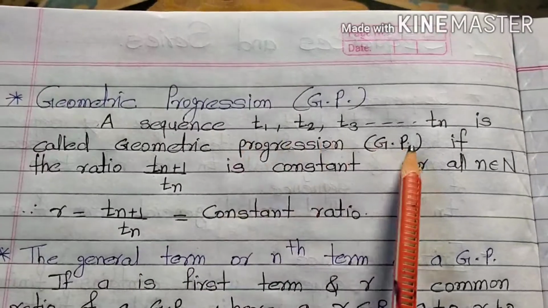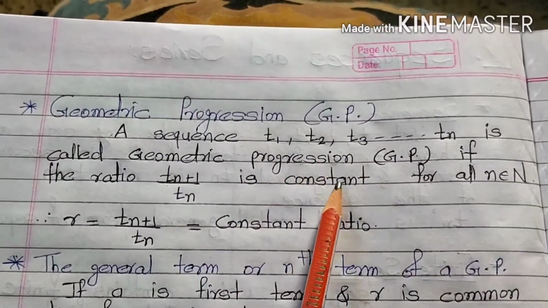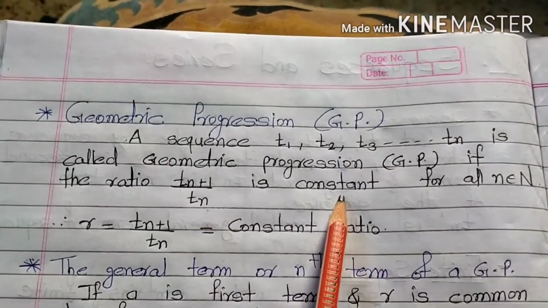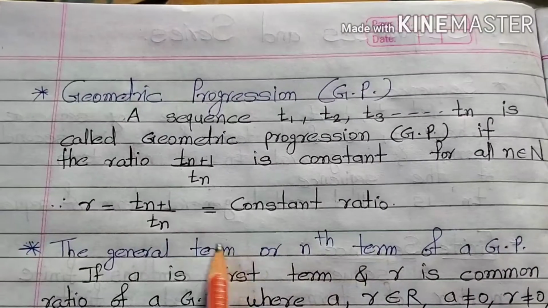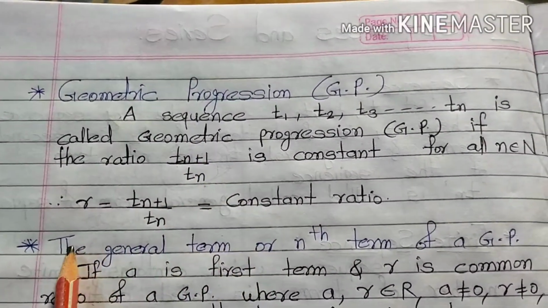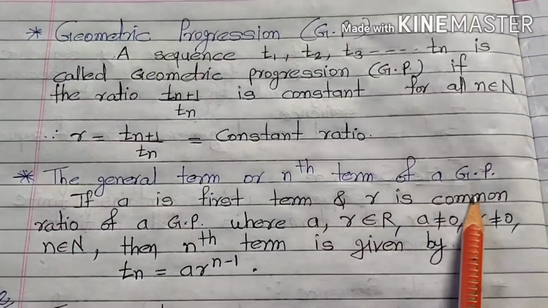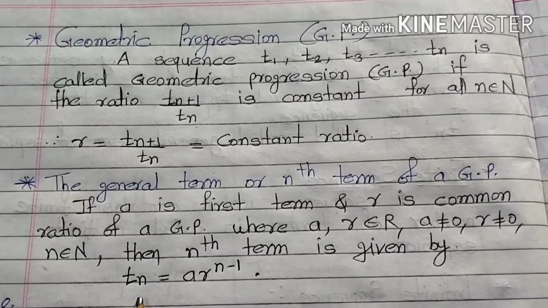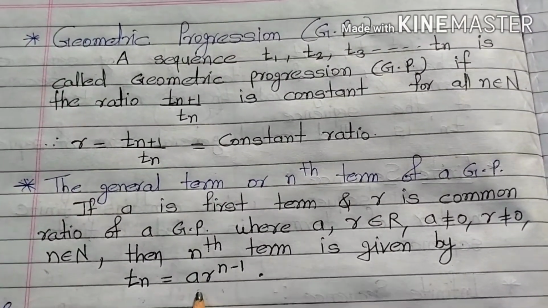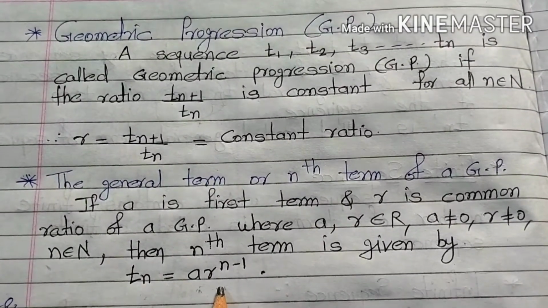A sequence T1, T2, T3 up to Tn is called a geometric progression if Tn plus 1 upon Tn is constant, and this constant ratio is denoted by R. Now to find the general term or nth term of a GP, there is a formula: Tn is equal to A R raised to n minus 1, where A is the first term and R is the common ratio of the GP.